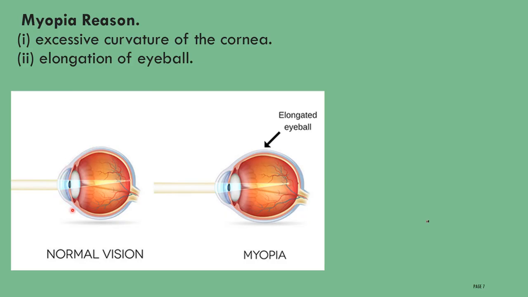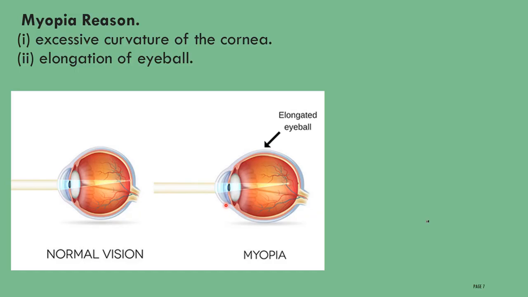Here the blue line, and here also the blue line, compared to this one is looking a little elongated or enlarged. You can even compare the size of the eyeball. Compared to this one, this eyeball is looking elongated or increased. This is the reason myopia happens.